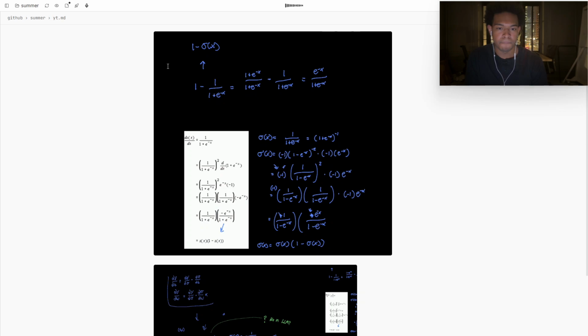I see the difference you are pointing out. In your blue handwritten notes, you rewrite the sigmoid function as 1 plus e to the negative x, all raised to the power of -1, and then you apply the power rule. This brings down a factor of -1, which you then multiply by the derivative of the inside function, which itself has a negative sign from the negative x in the exponent. Those two negative signs cancel out to give you a positive result.